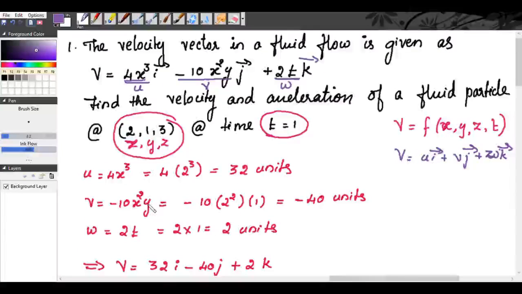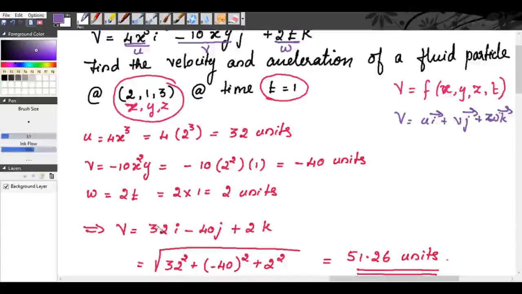Now, the velocity is given as u into i vector. We will write the velocity V is equal to u i vector plus v j vector plus w k vector. So, u is 32, so 32 i, v is minus 40, so minus 40 j. w is 2, so it is plus 2 k vector.